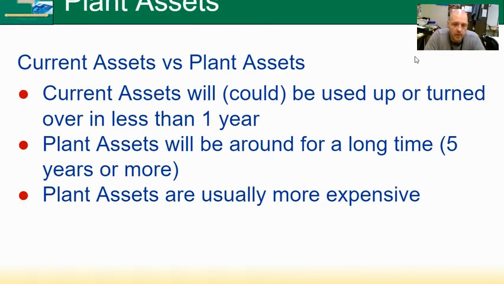To understand depreciation, we're going to take one little step backwards and talk about the difference between current and plant assets. Your current assets will or could be used up or turned over in less than a year. If I put $1 into my checkbook, that dollar in theory will be spent.